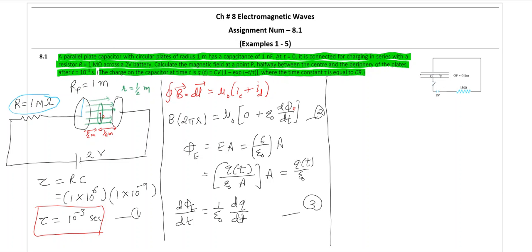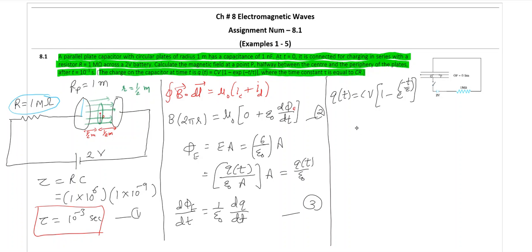Now we have the equation of charge given. q of t is CV times 1 minus e raised to minus t by tau, and from result 1 we know that tau is 10 raised to minus 3.